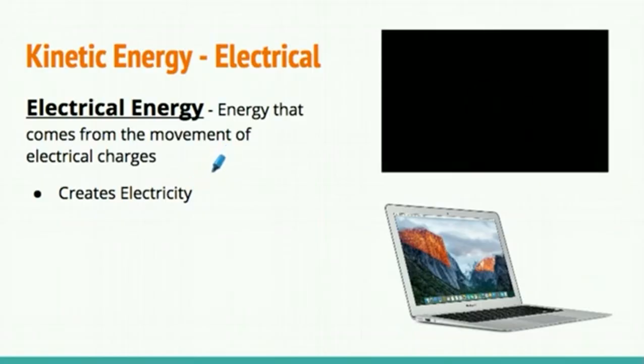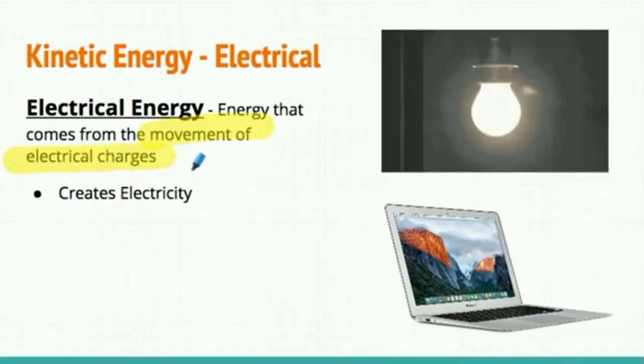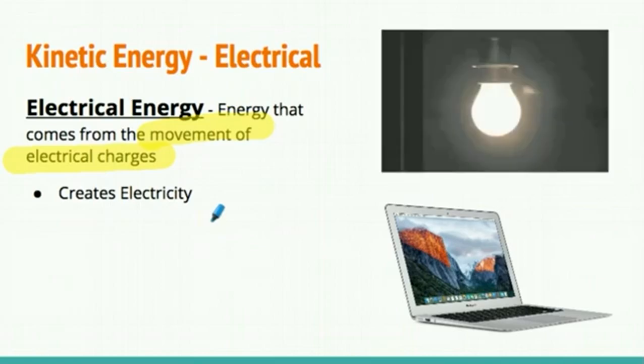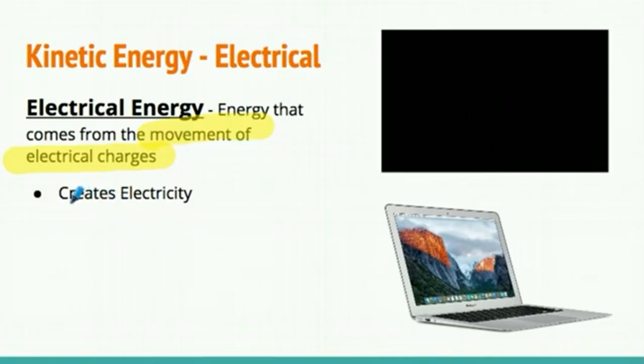But some of you are like, wait, how is that moving energy? Well, electrical energy comes from the movement of electrical charges. Anything really has electrical charge, and when they start to move, you create electrical energy.